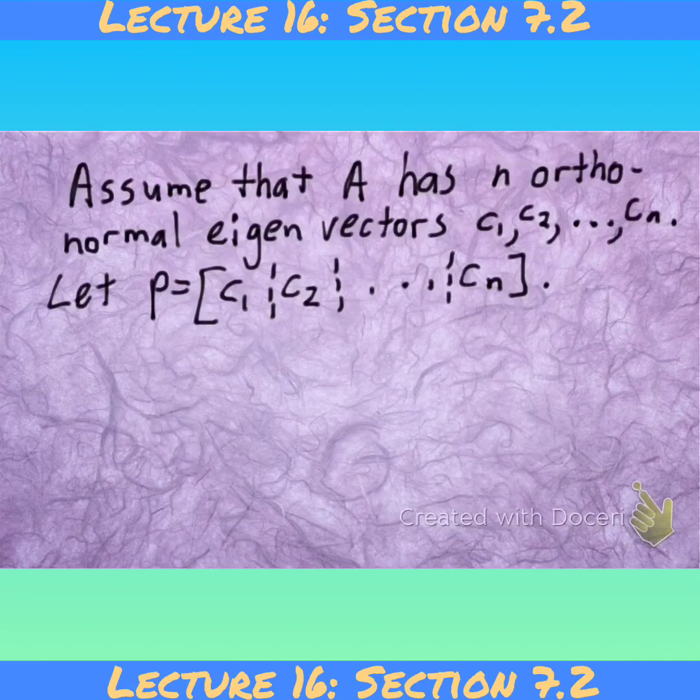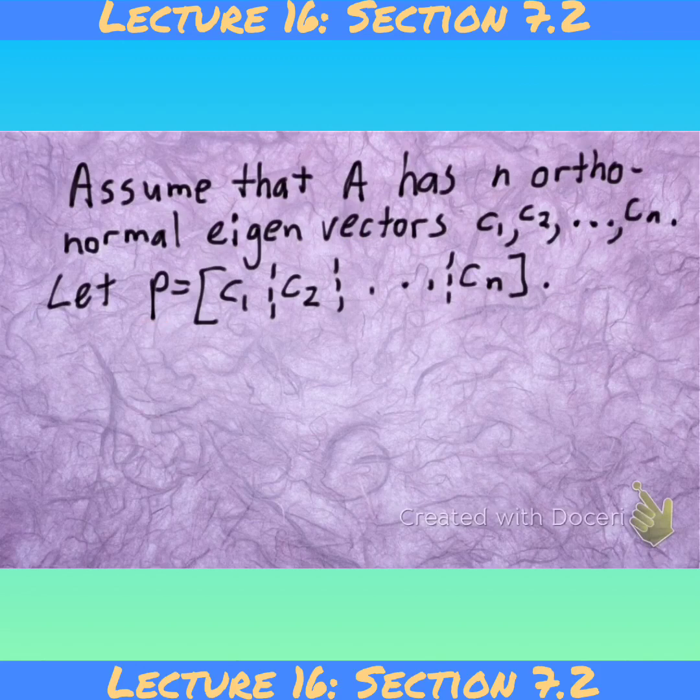Assume that A has n orthonormal eigenvectors, C1, C2 up until Cn. We can let P be the matrix formed by taking the columns to be the column vectors C1, C2 up until Cn.